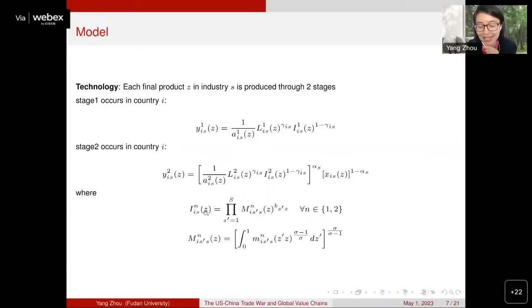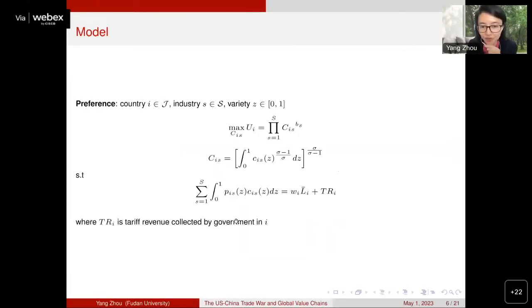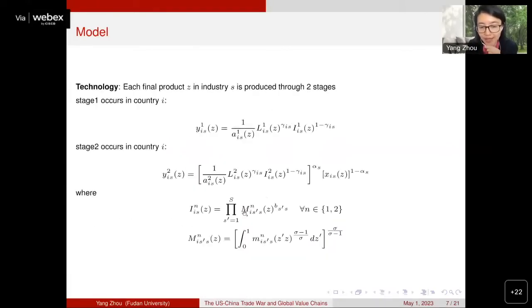So again, the notation is complicated, but the whole idea is that it shares the same format as the utility function. First, it's a Cobb-Douglas aggregator of all the industries, and then each industry is a CES aggregator of all the varieties within that industry. The difference is that the expenditure share is different.